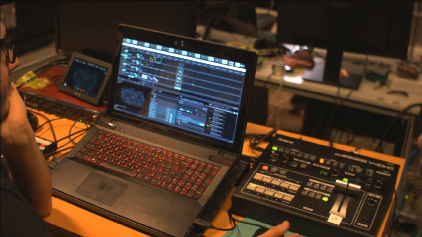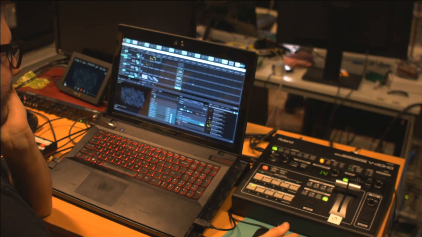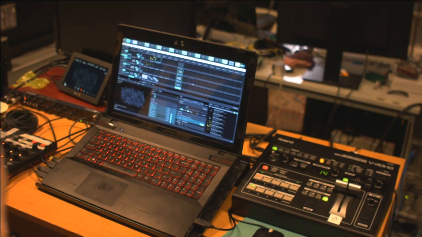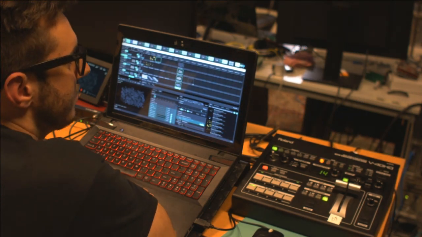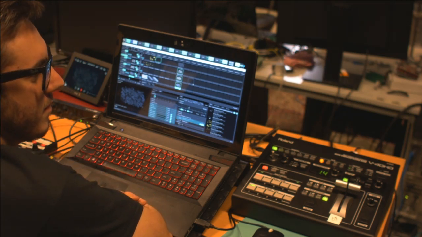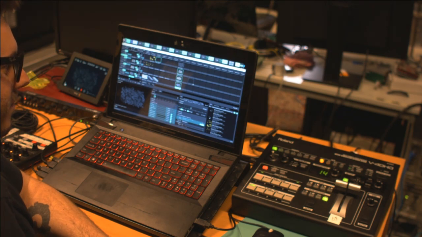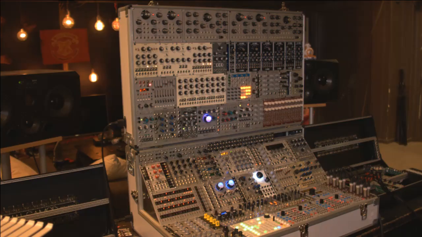You're looking at something that's really very much still in development. But the idea is we're linking up Max, Resolume, and Colen's synthesizer to try and create a sort of hyper-reactive, super intuitive system.